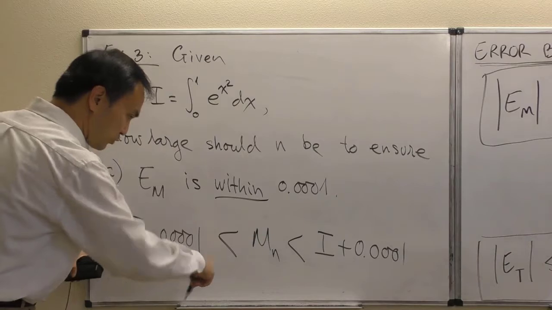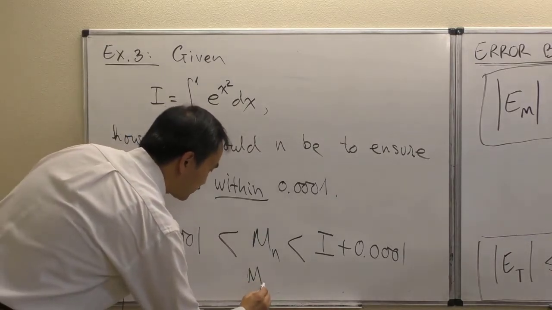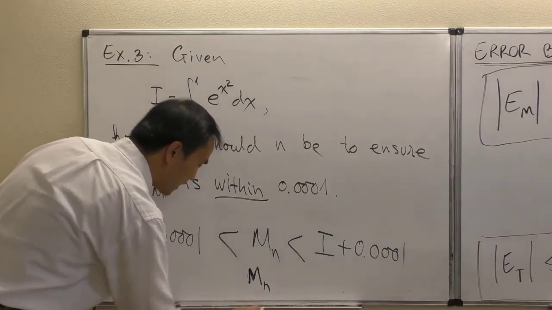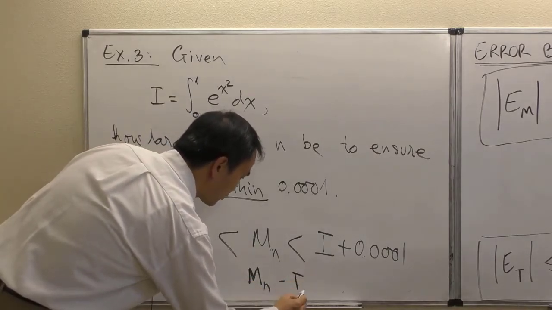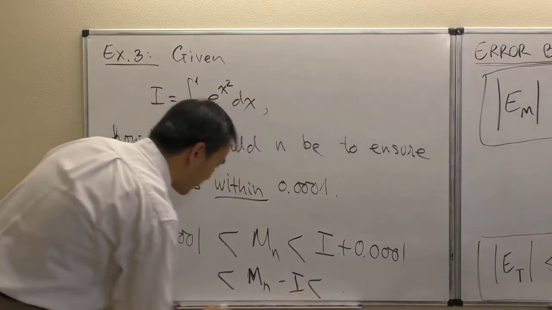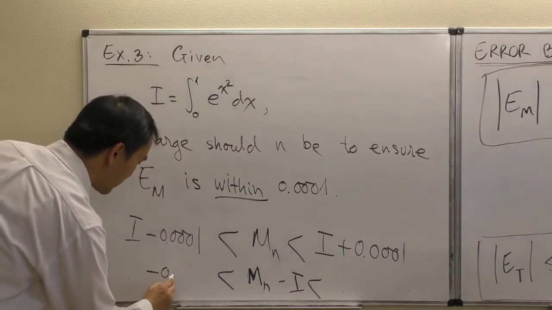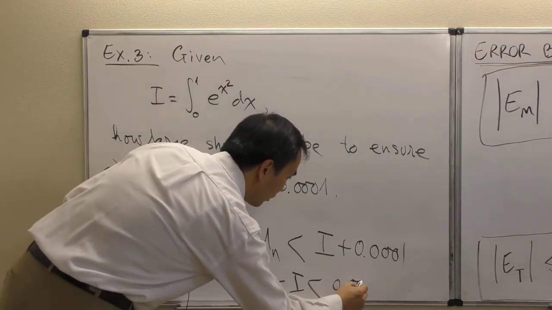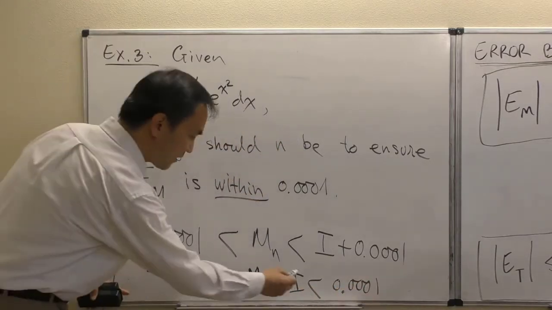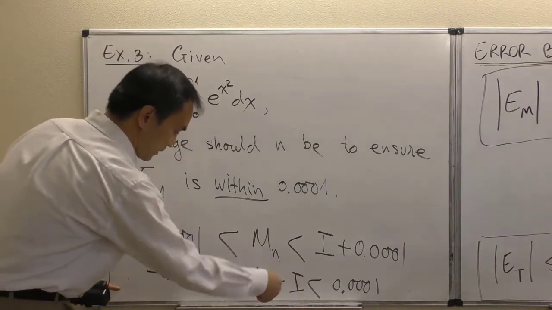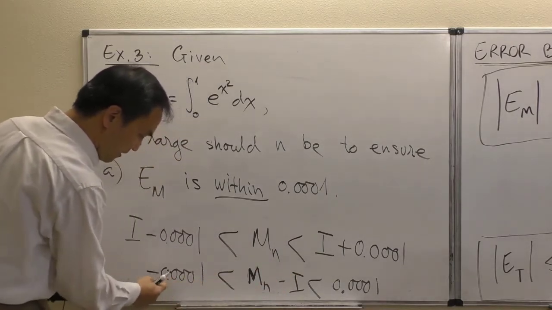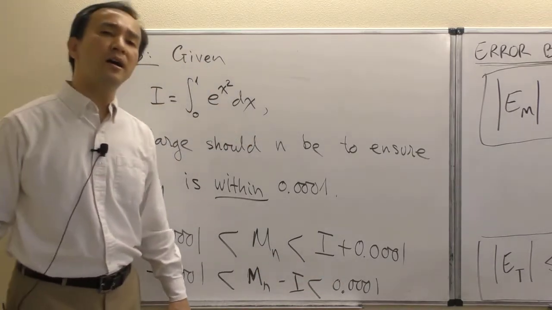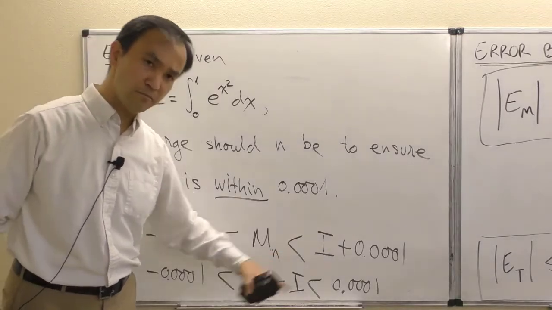So from this three-sided inequality, the midpoint approximation with n subintervals minus the actual answer has to be greater than or equal to negative 0.0001 and less than 0.0001 positive.